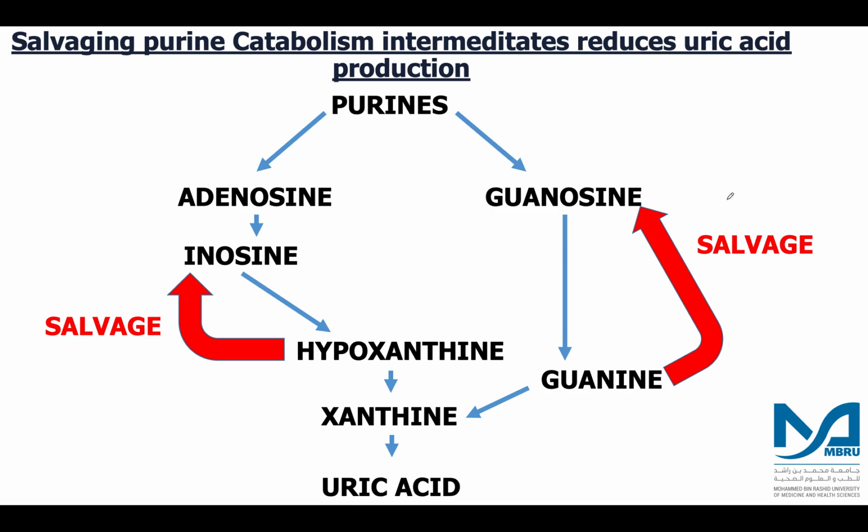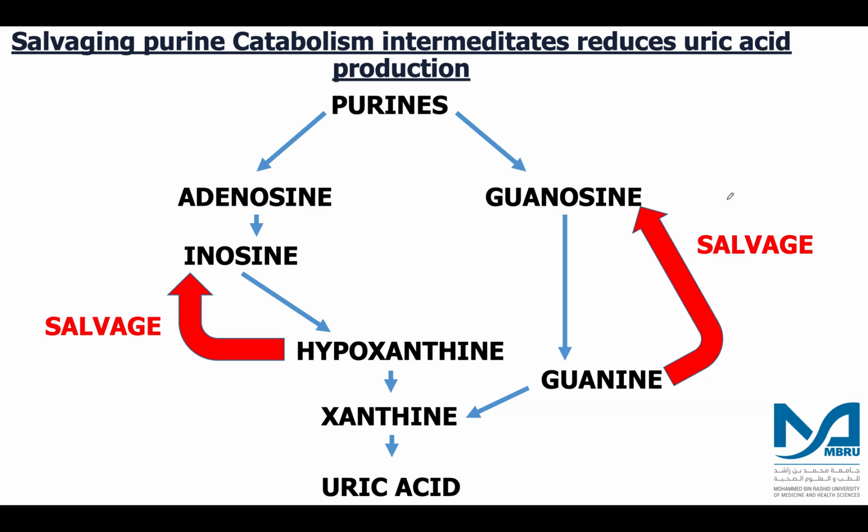Guanosine is converted to guanine, and part of the hypoxanthine and part of the guanine is salvaged, as a result of which the quantities of uric acid that is produced is relatively low, and therefore human beings are able to counter the problem of low solubility and augmented deposition probability of uric acid.